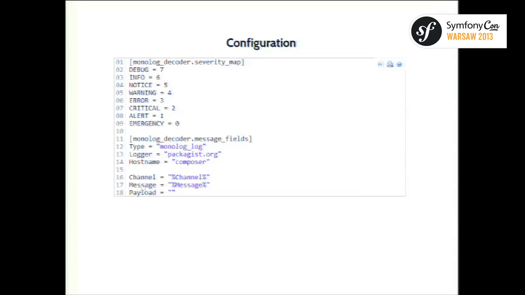And finally there's just a little trick. If you set the payload to an empty string, then it actually erases the payload. Otherwise, the payload always contains the raw message. But with the log lines, you parse it, and in the end you already have the channel and the message here.